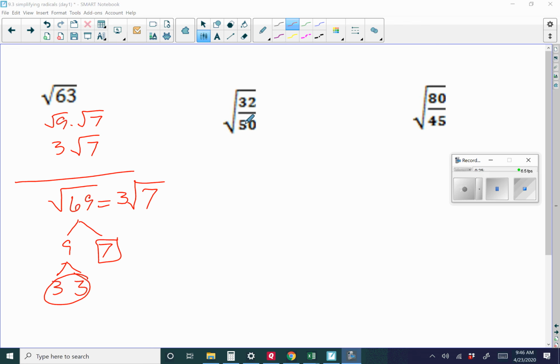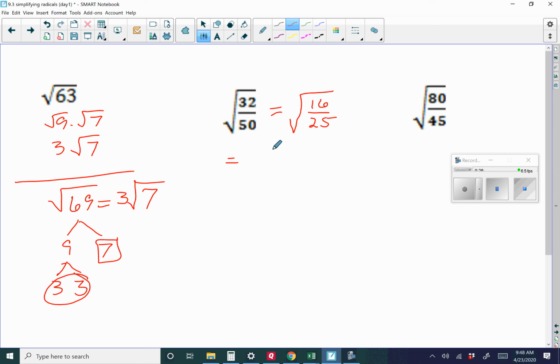Okay, square root of 32 over 50. So yes, I can break that up into the square root of 32 divided by the square root of 50, but what I see here is first, before I break it up, I can reduce this 32 over 50. Both of those are divisible by 2. So I'm going to rewrite this as 16 over 25 because I could divide both of them by 2. 32 divided by 2 is 16. 50 divided by 2 is 25.